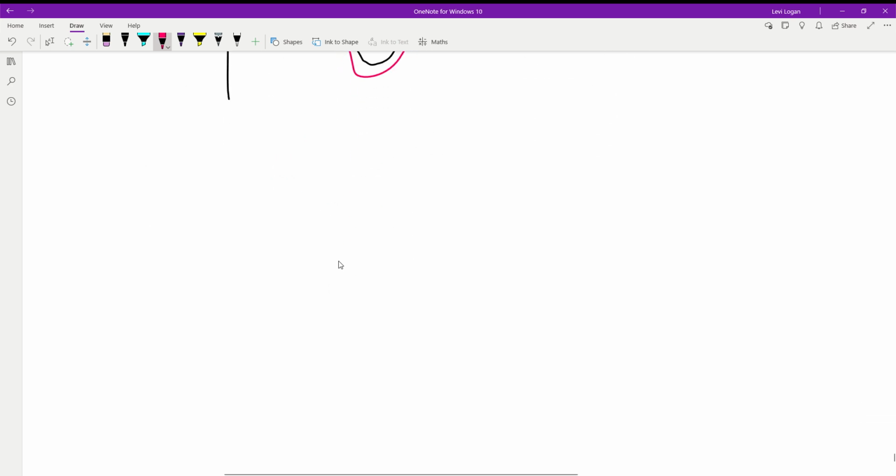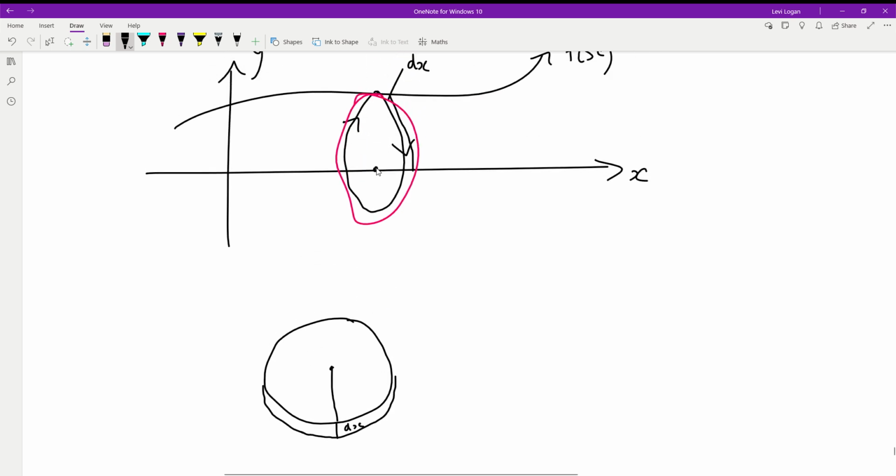So if we imagine I put this flat down, this is what I have. I have a disc, and I have a base, and this height here is dx. And the radius is going to be the distance from here, which would be f of x. In other words, f of x is y. So this would be y.